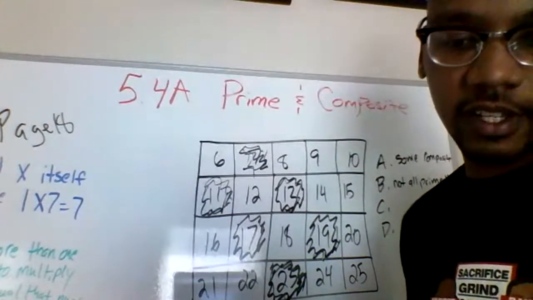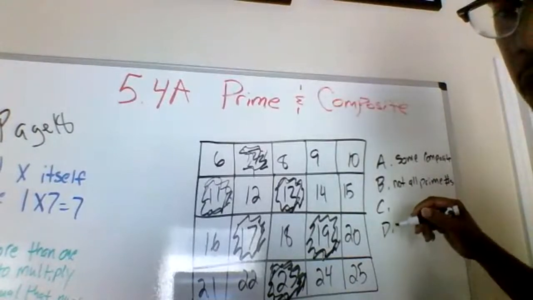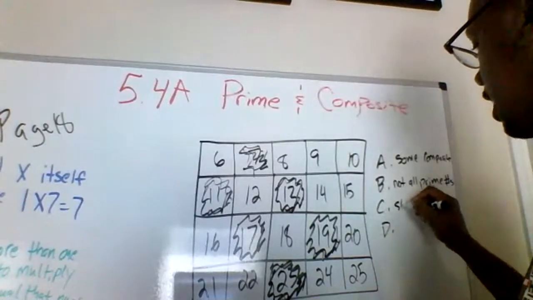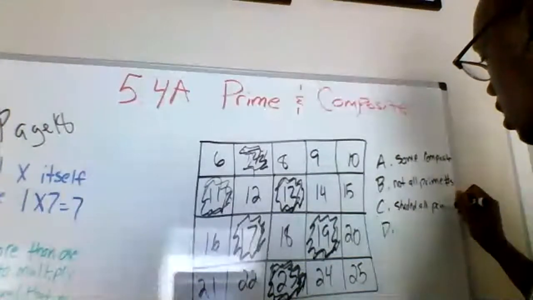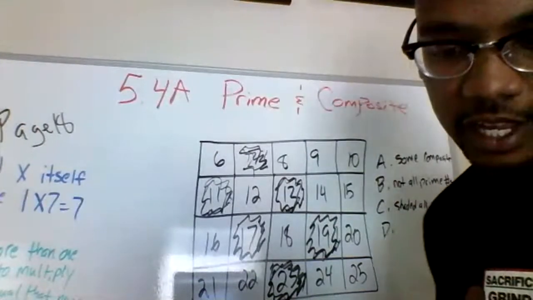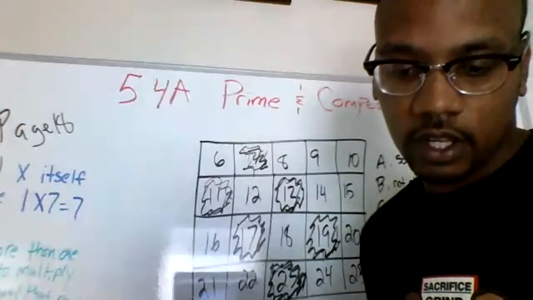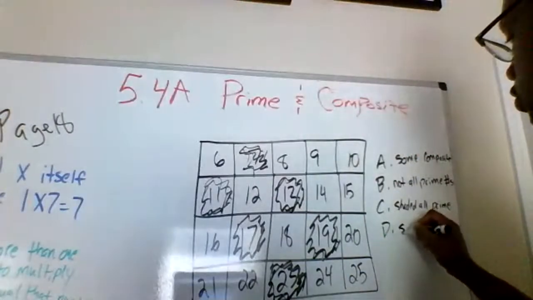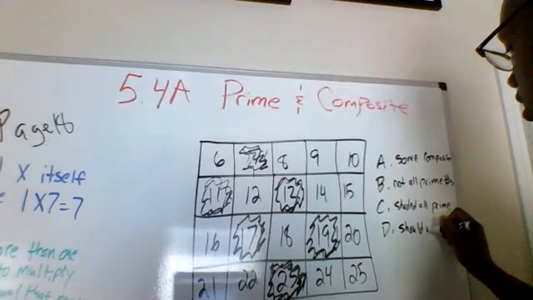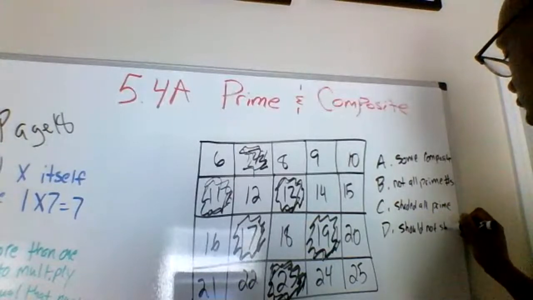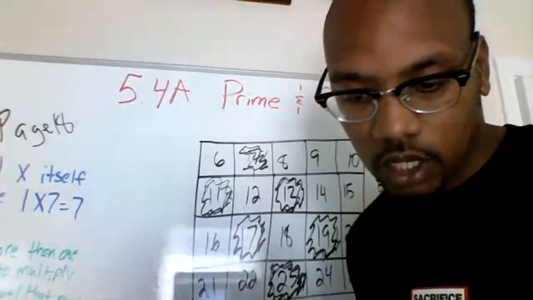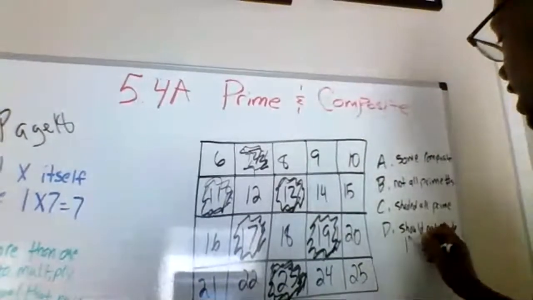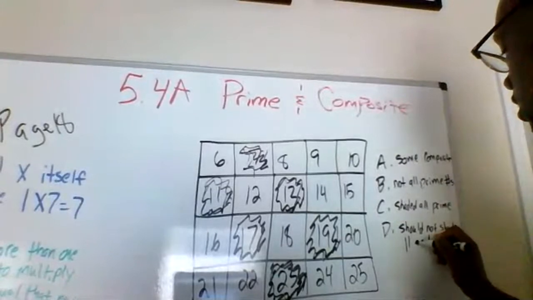C says shaded all prime numbers. And D says she should not have shaded 9 and she should have not shaded 11 and 19.